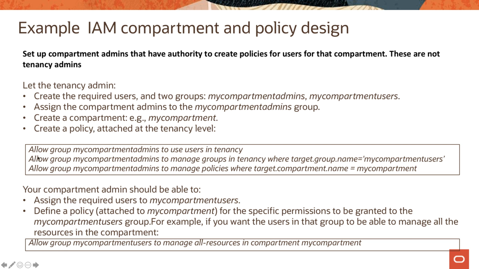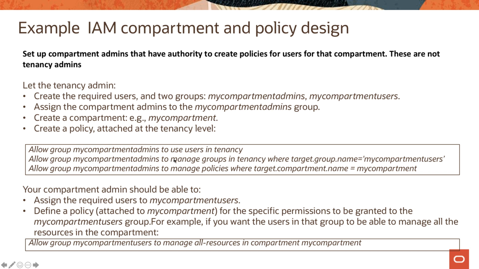And then you write this policy document with 3 IAM policies in it. The first one allows these My Compartment admins to use users in tenancy, so they are able to add groups. So this is a required statement.